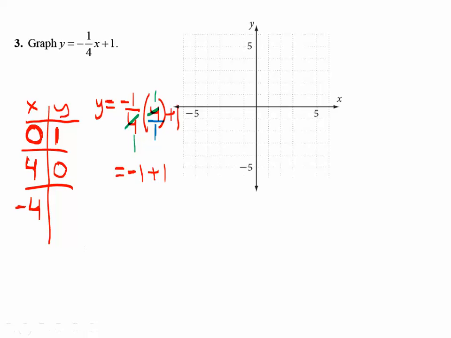Either or is going to work. All right, plug in a -4.